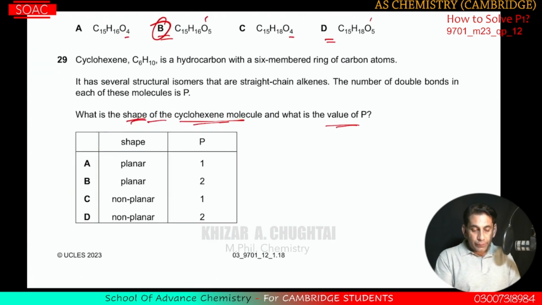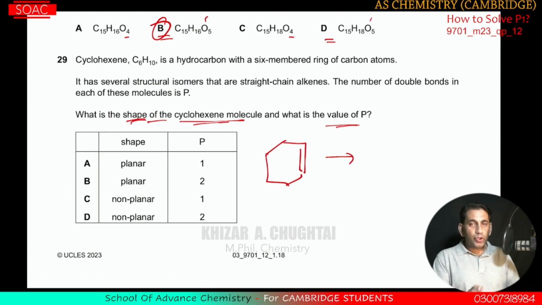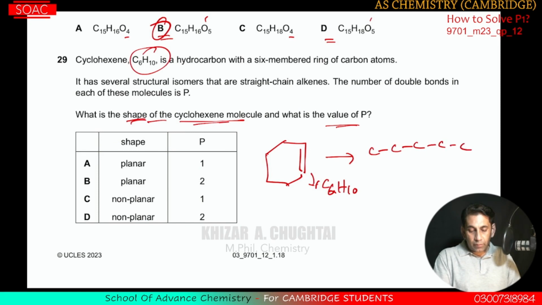So basically, as we have seen, it is initially a cyclohexene. When we change it into an open structure, then at least 2 double bonds must be there. What is the formula of this cyclohexene? That is C6H10. CH3, CH2, CH, CH, CH, CH3, let's suppose.